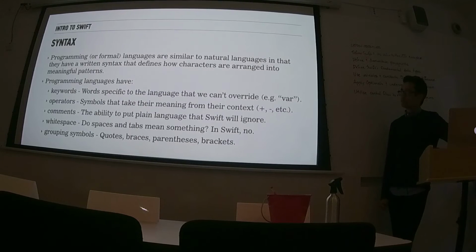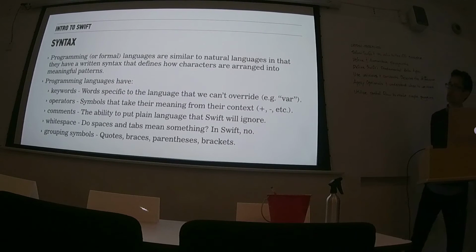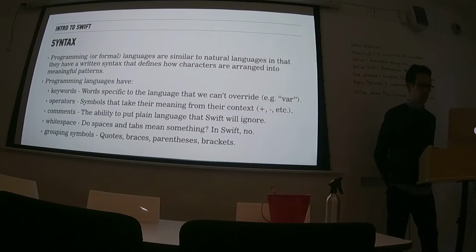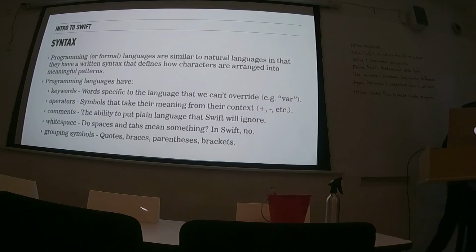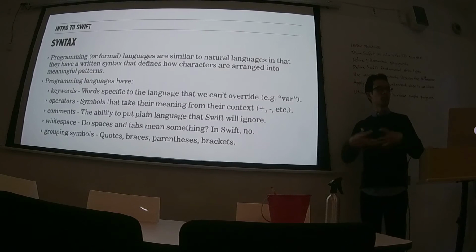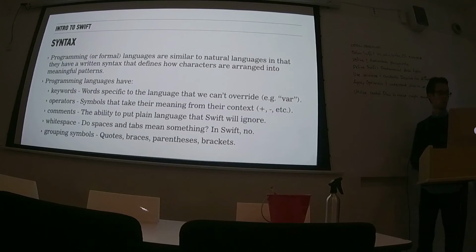Swift is a language, and just like spoken languages, formal languages or programming languages have this notion of syntax. So today, we can read through this later in detail. But today, what we're going to talk about is primarily about syntax. It's primarily about how do you put characters together and how do you write the language in such a way that you can write meaningful Swift code.